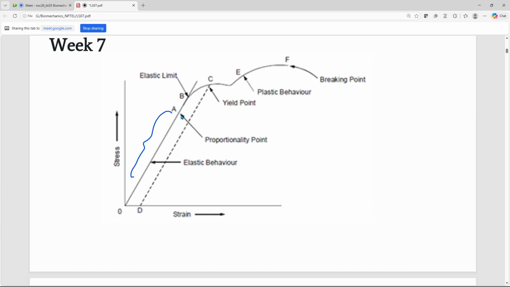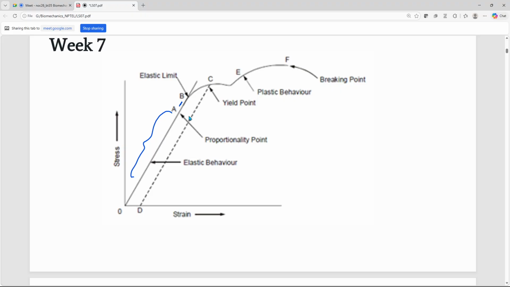And beyond that is the elastic limit. Some materials vary a little away from the proportionality rule, but will still be elastic, that is, it can regain its shape after removal of loading. That is A to B. If you search for stress strain curves, you will get different ones for different materials. For some materials the proportionality point and elastic limit, A and B, will match, but some materials have different proportionality limit and elastic limit.